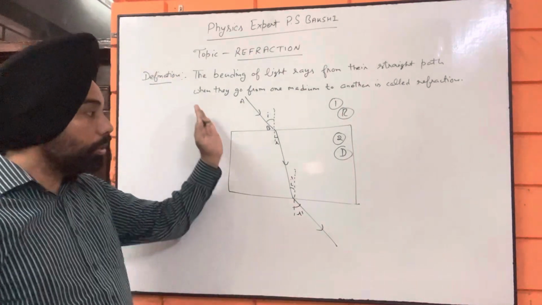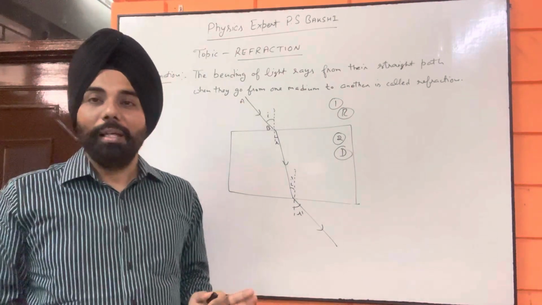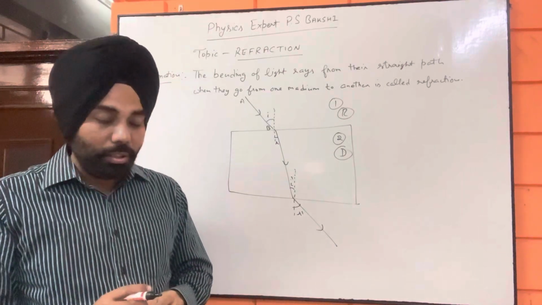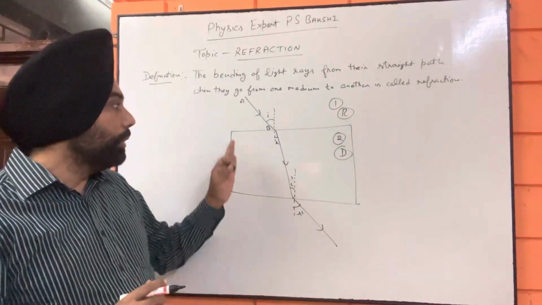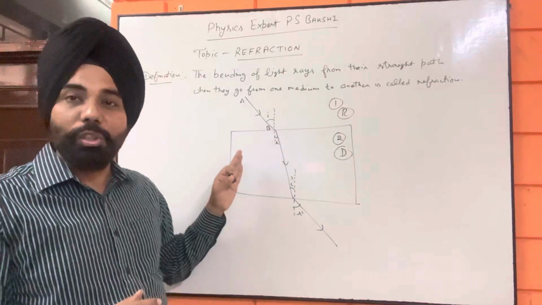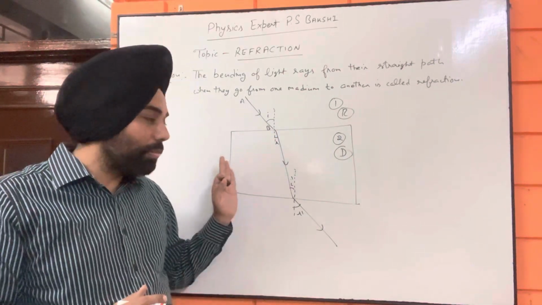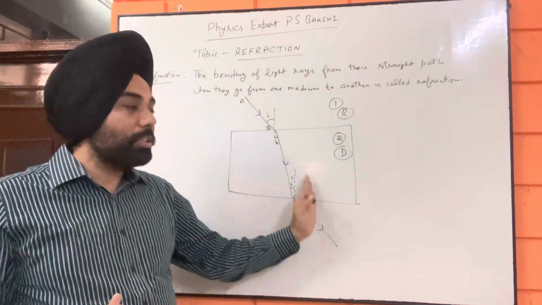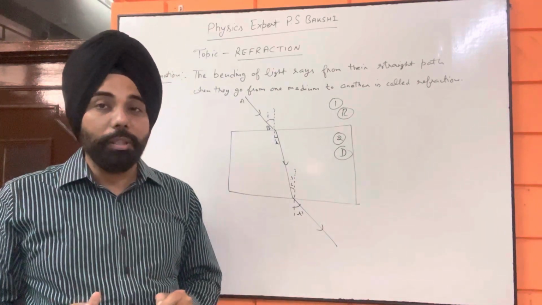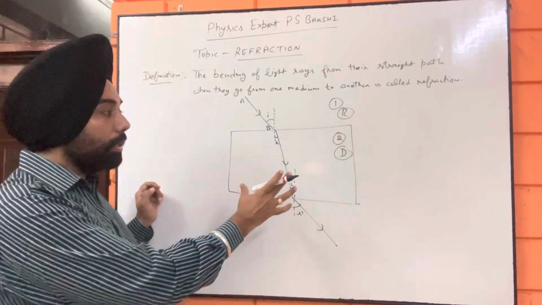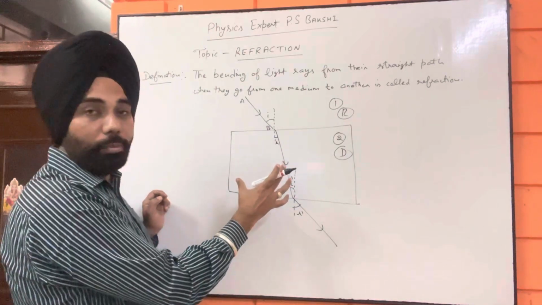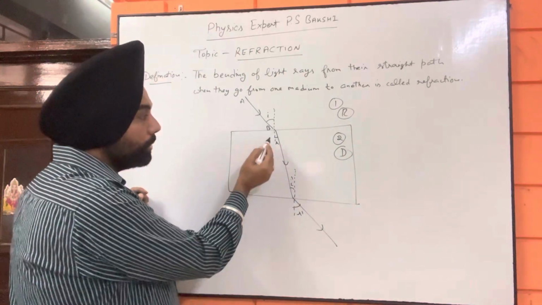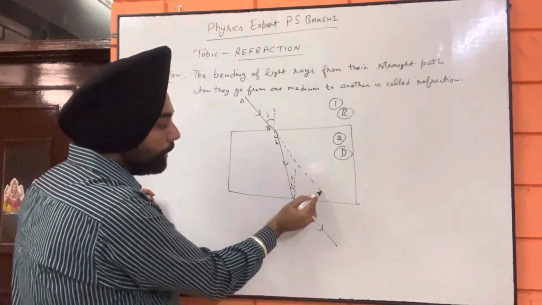Now how do those things happen? There are some students who think that if the light bends toward the normal and then away from the normal, it is the same thing, which means it is going to retrace its path. No, it is not going to be like that. If we remove that denser medium, that glass slab, the ray would go like this.